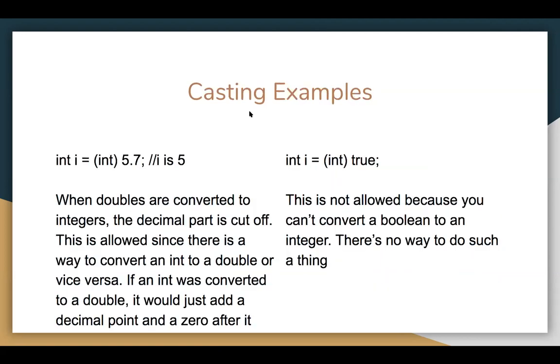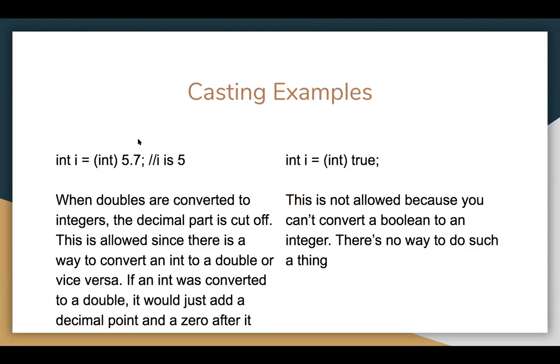Casting examples. Okay. So first one over here on the left side, you see here that I create an integer i equals something, the int name inside parentheses, and then 5.7.